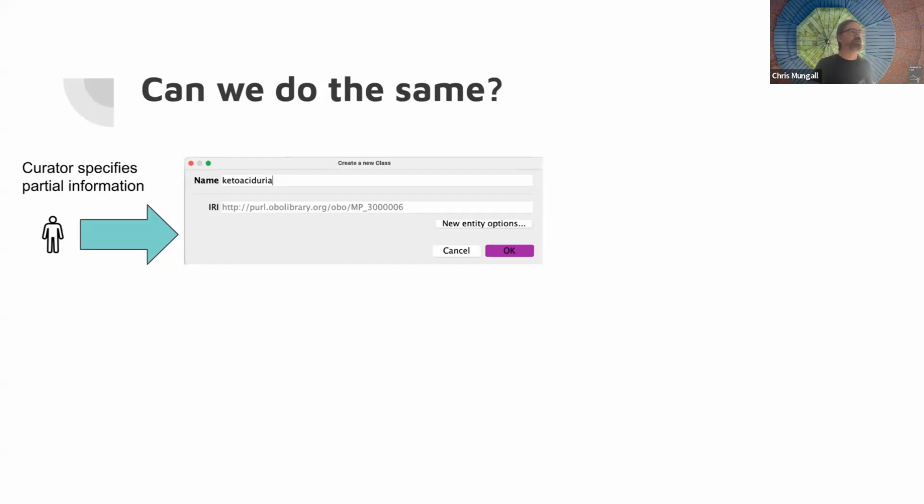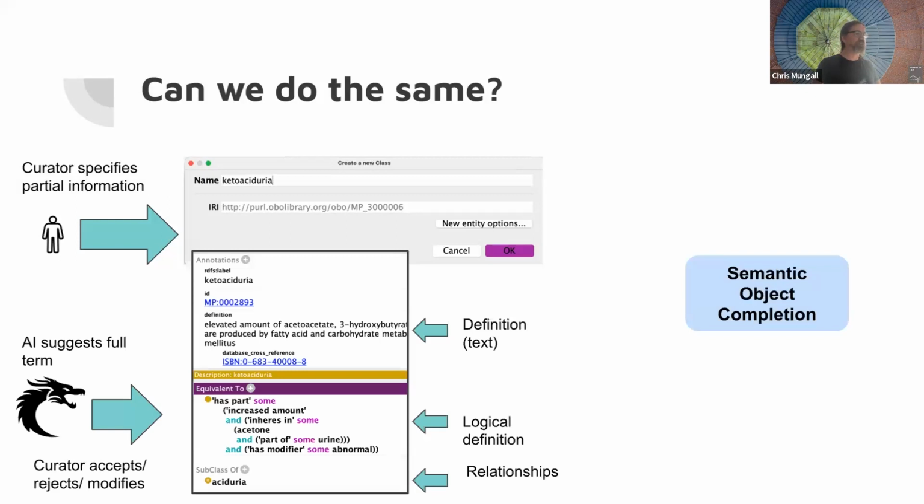So the question is, can we do the same for some of our ontology and curation workflows? So the basic idea here might be, instead of a software development environment, you've got an ontology development environment like Protege. You come in, you specify partial information, maybe just the name of the term that you want to add to the ontology, and then the AI can come along and suggest the complete term.